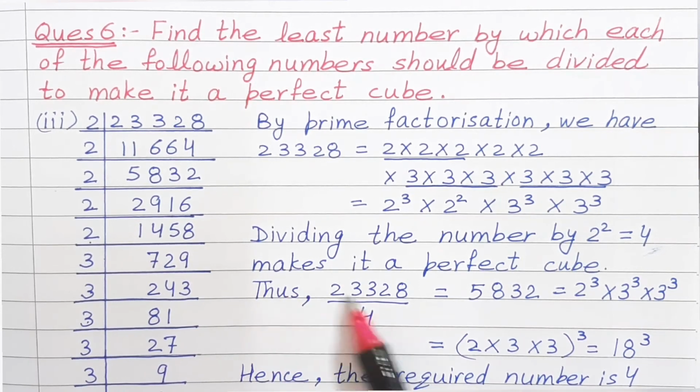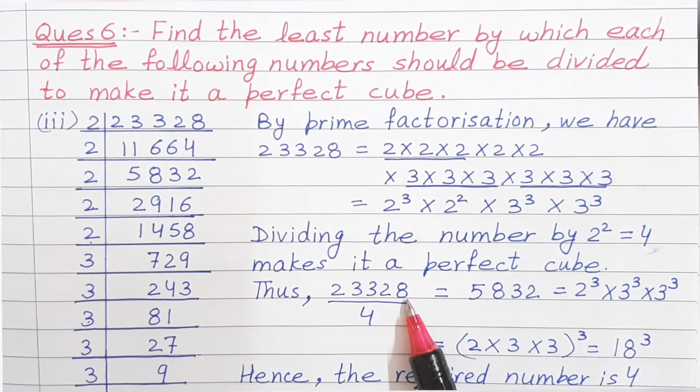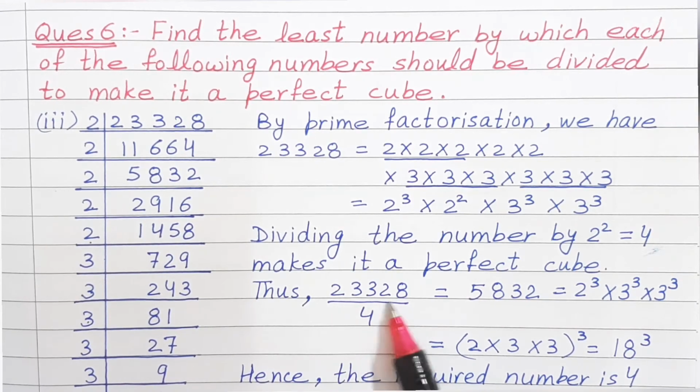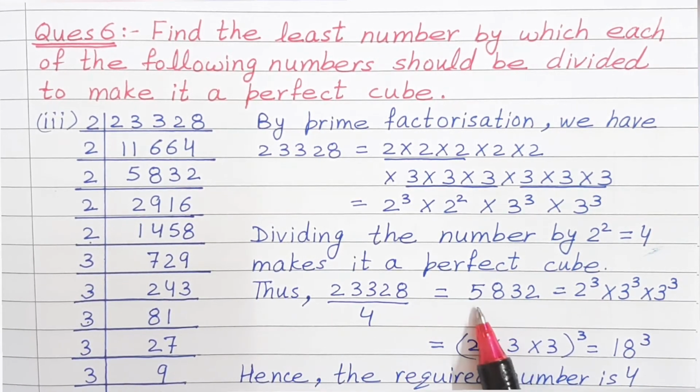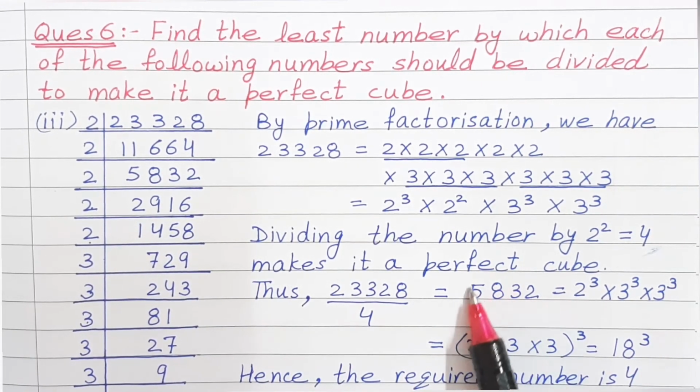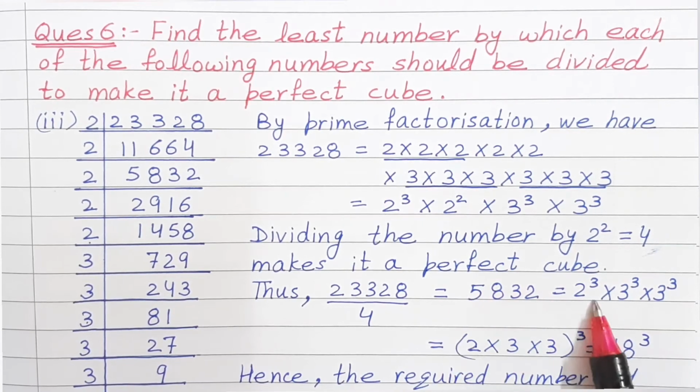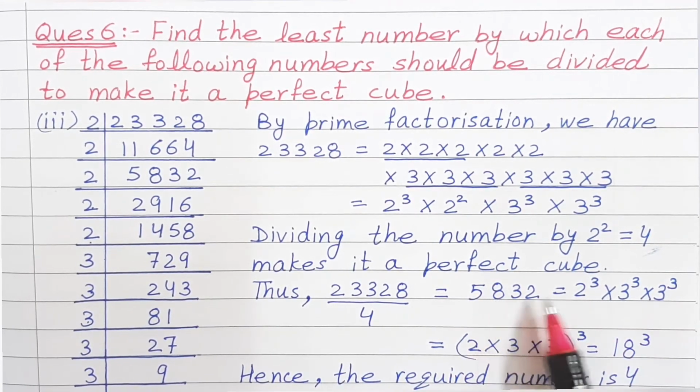Thus, the given number, that is 23,328, divided by 4 will give us 5,832, and this is the number which is a perfect cube, and it is a cube of 18, right? That is 2 into 3 into 3.